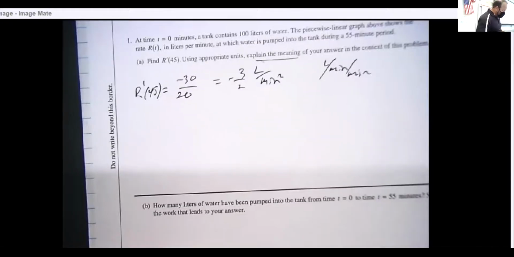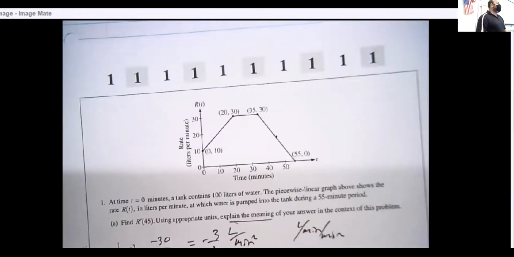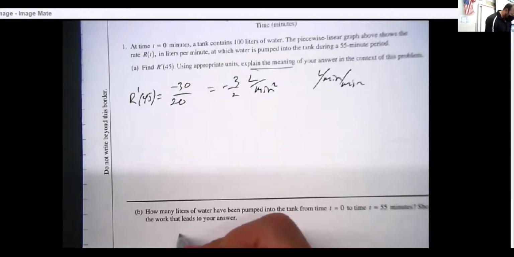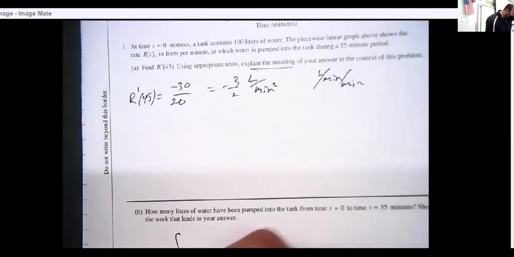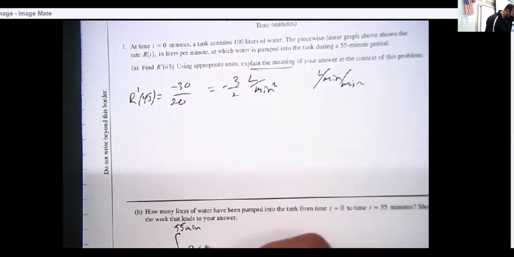So for part B, how many liters have been pumped into the tank at that value? So what we need to do is figure out the quantity of water that is actually pumped into the tank. We're going to take an integral. So what I did is I said, well, the integral from 0 to 55 minutes of R of t dt.